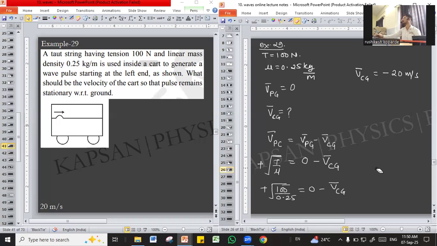The effort is the velocity of man with respect to river, here the velocity of pulse with respect to cart. If you help the efforts, obviously the addition will take place. You have to oppose the efforts. So effectively with respect to ground, the pulse stays at the same place.